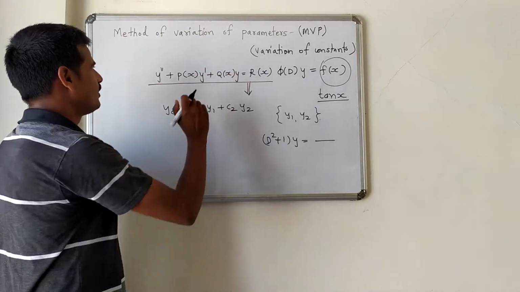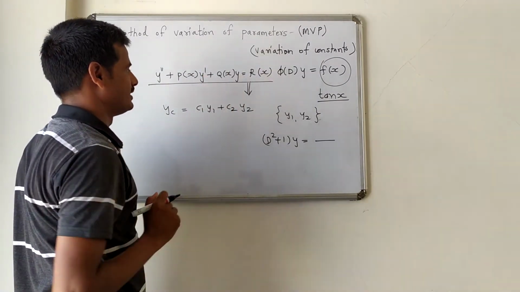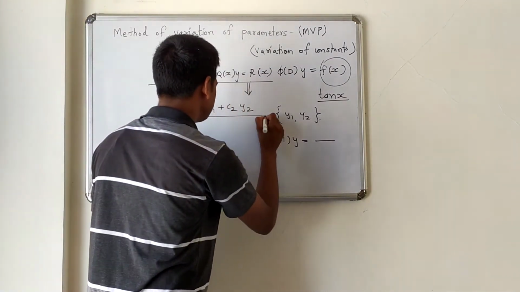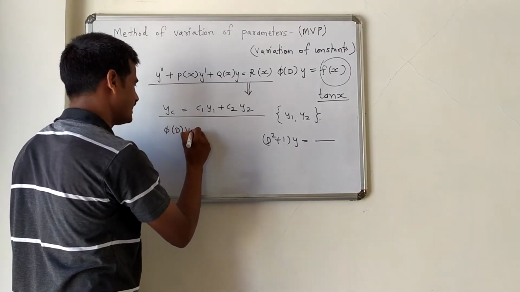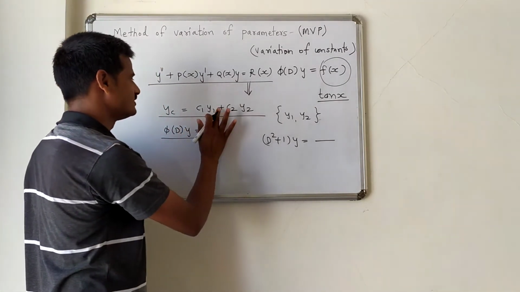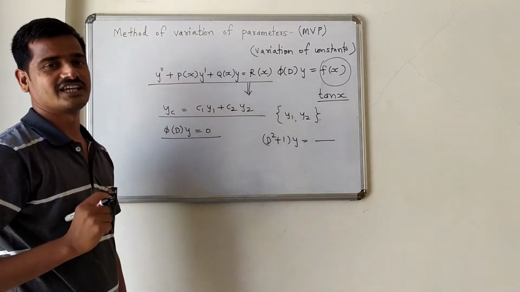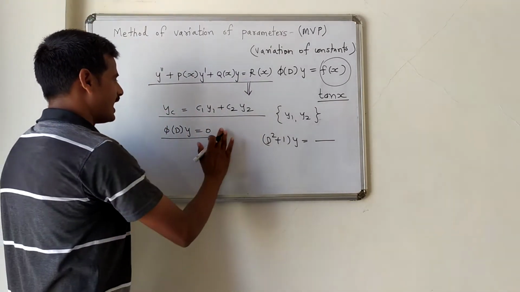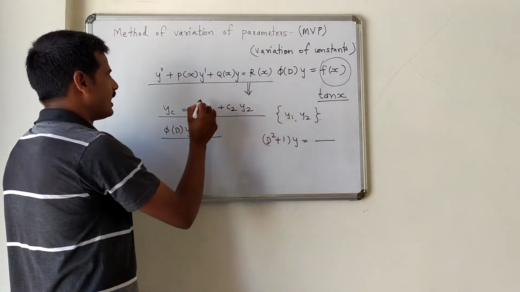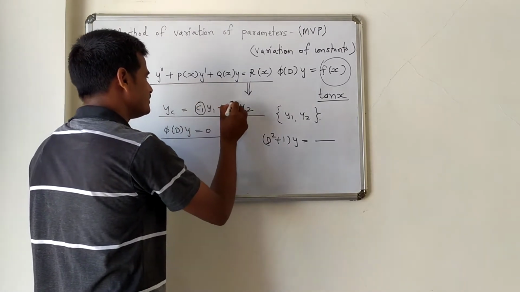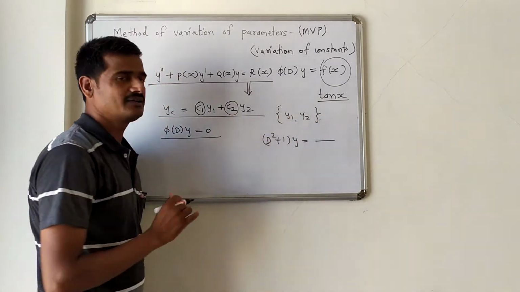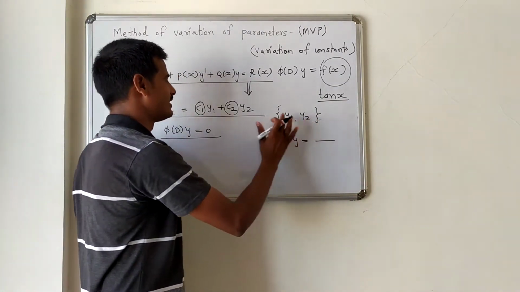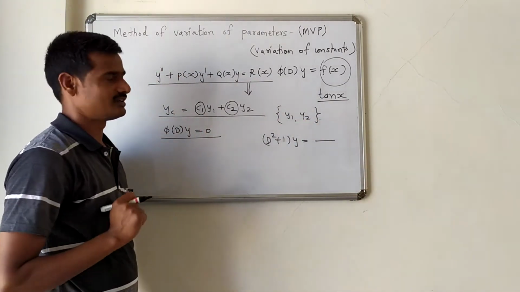Now why is this called the method of variation of parameters? This is the solution of phi of D into y is equal to 0, the homogeneous equation. Here c1 and c2 are constants, and y1 and y2 are an elementary set of linearly independent solutions of this differential equation.